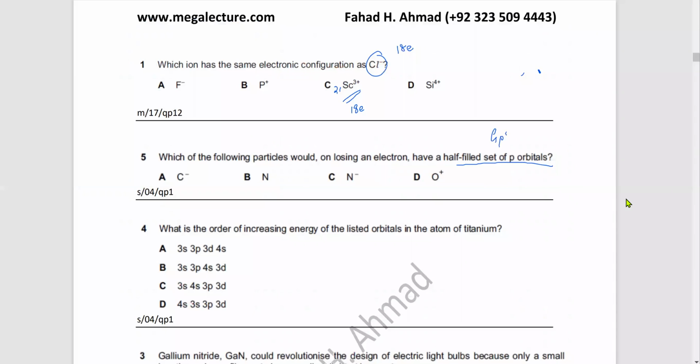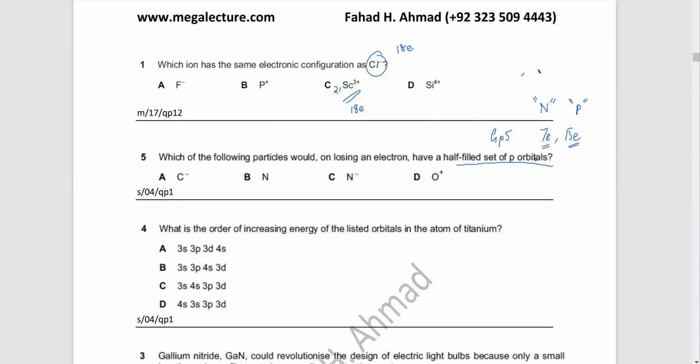Now, if you look at the periodic table, group 5 has either nitrogen, which has 7 electrons, or phosphorus, which has, I think, 15 electrons. If you write the electronic configuration of either one of them, it's going to give you a half-filled set of p orbitals. So it's either nitrogen or phosphorus.